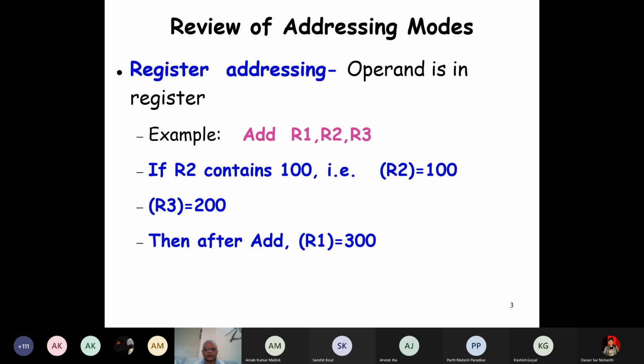Just R2 is the name of the register and bracket R2 is the content of the register, and we write bracket R2 equal to 100 means that R2 contains 100 and R3 contains 200, and after the ADD is executed, R1 will contain 300.